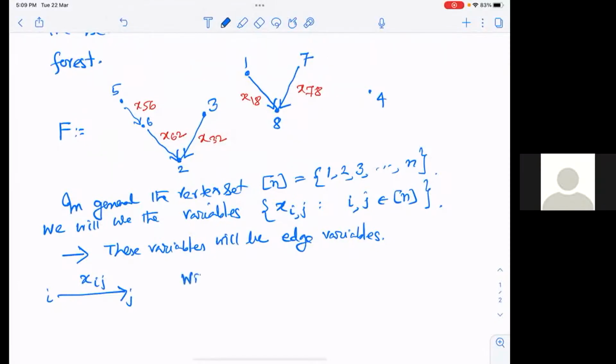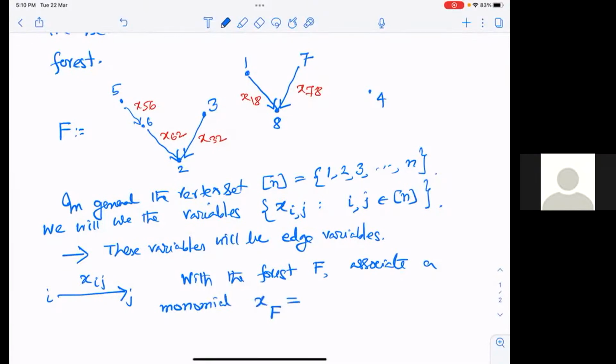And with the forest F, I associate a monomial that I call x^F. When I mean by x^F, I mean a multivariate monomial.